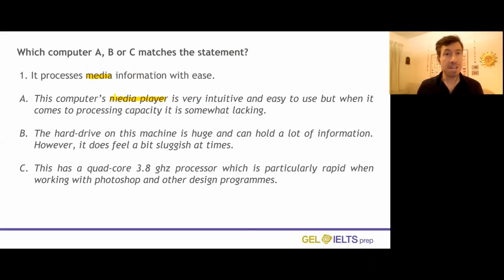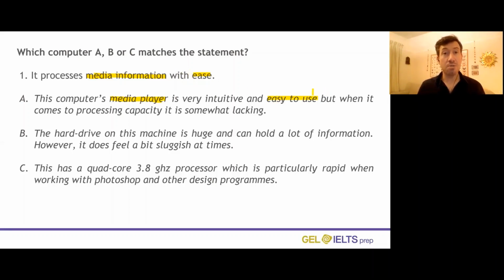But media player and media information is not the same meaning. Just the word media is the same, but media information and media player are different. So that is a distractor. If we keep looking, this computer's media player is very intuitive and easy to use. Here we had the word ease and easy, they're related, but with ease means it's quick and it does it simply, it does it easily.